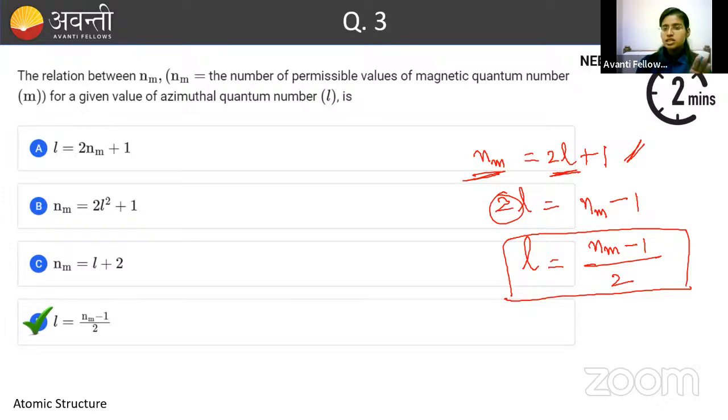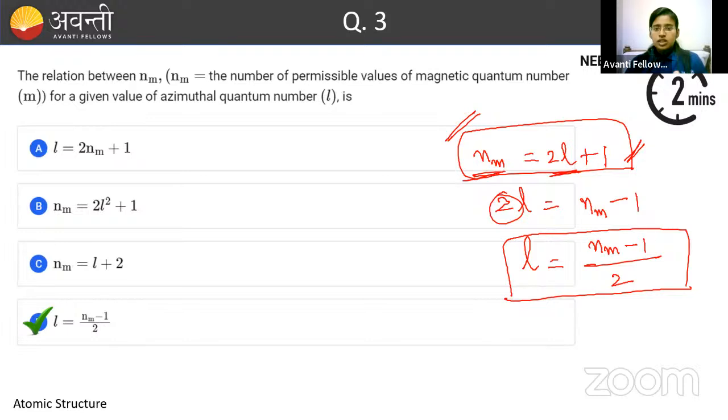This is the relation which we have to memorize, and from that relation we are getting one relation which is given in one among these options, and that is option 4. Okay. Clear for all of you? Yes or no? Nothing to do with the calculation here. You just need to memorize this formula. So that is the thing here.